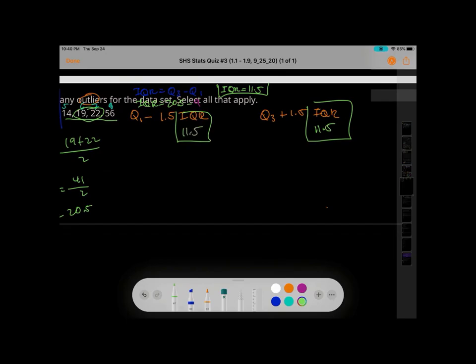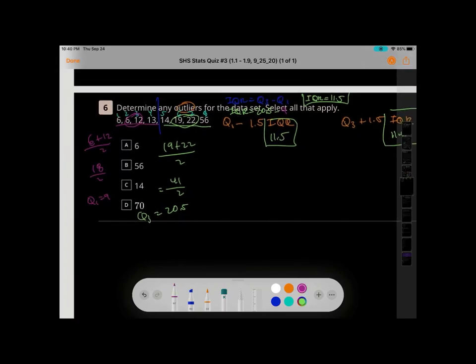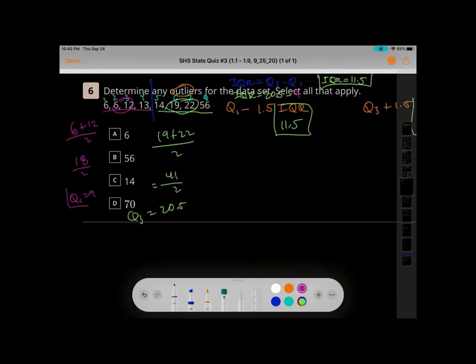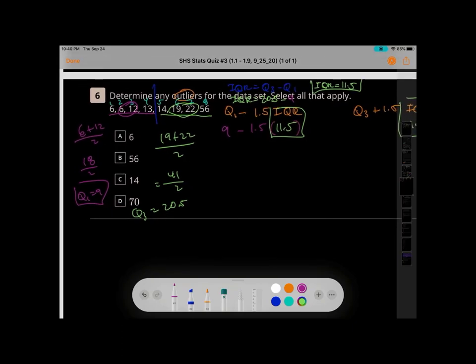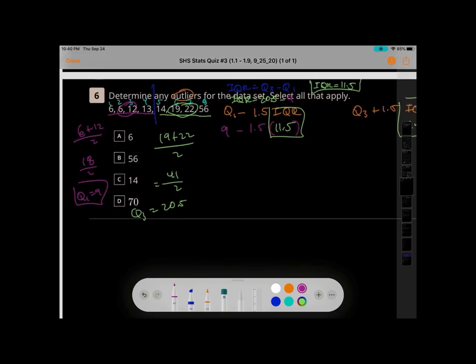I guess it would have been easier if I just calculate it. So Q1 is 9 minus 1.5 times this number. Let's just do that since we're here.